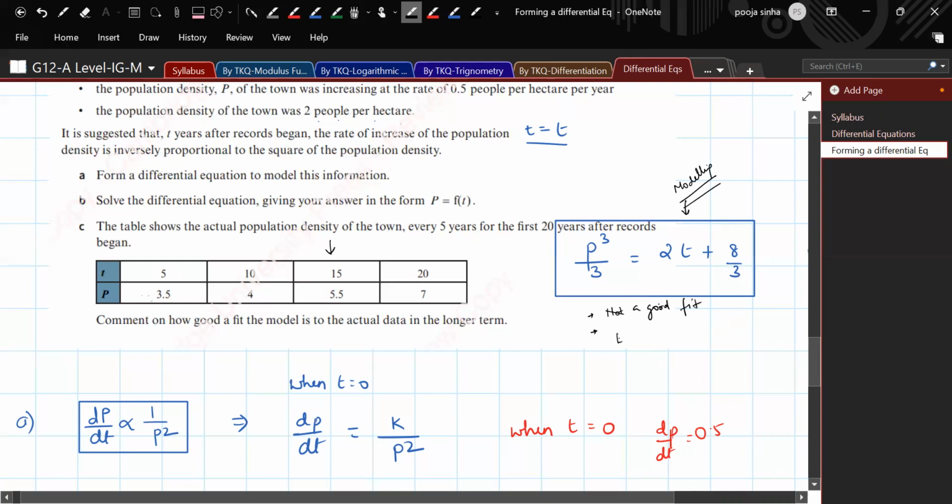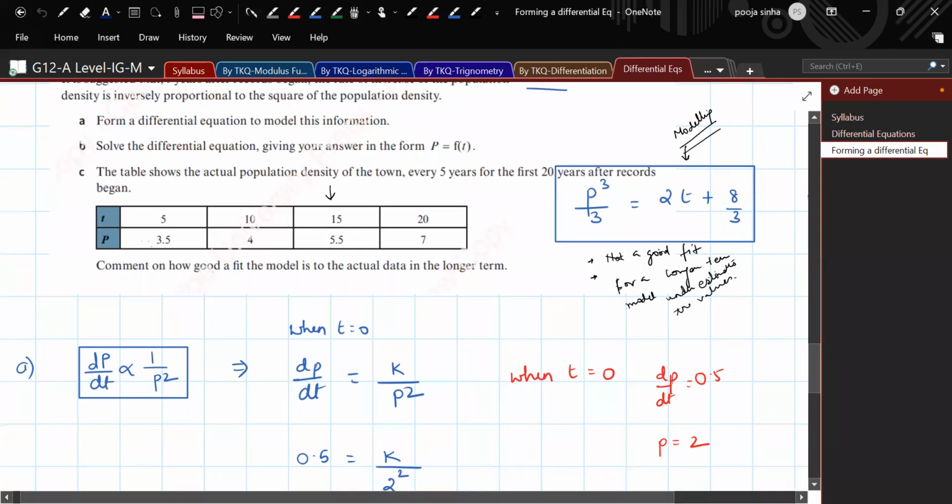For longer runs, for a longer term, what do you see? After 10 years, after 15 years, 20 years, the model underestimates the value, right? For the longer term, the model is underestimating the values. Got the point now? Yeah.